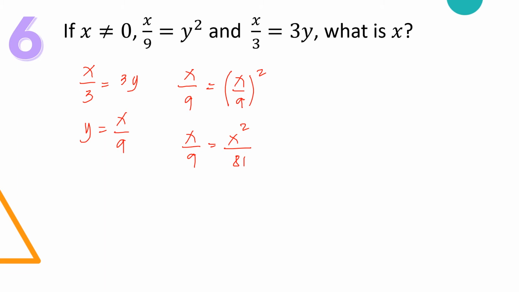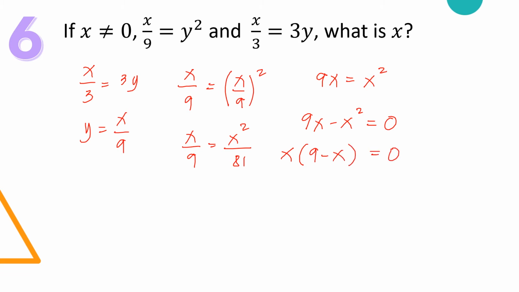Multiplying both sides by 81, we'll have 9x is equal to x squared. Subtracting x squared from both sides, we'll have 9x minus x squared is equal to 0. By factoring, we have x times the quantity 9 minus x equals 0.